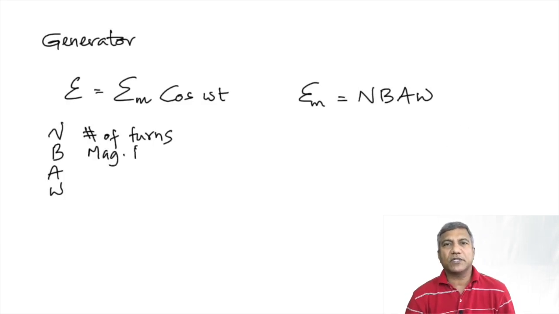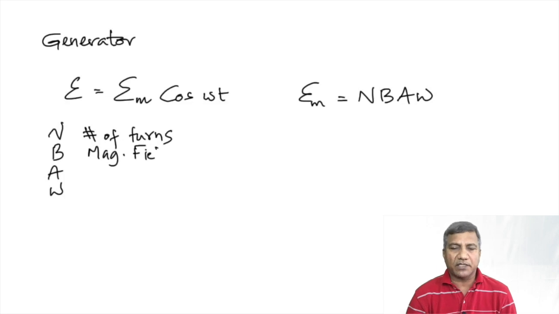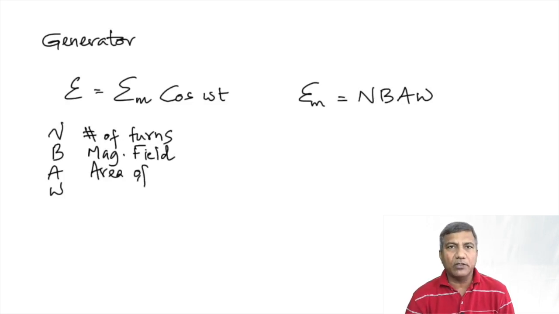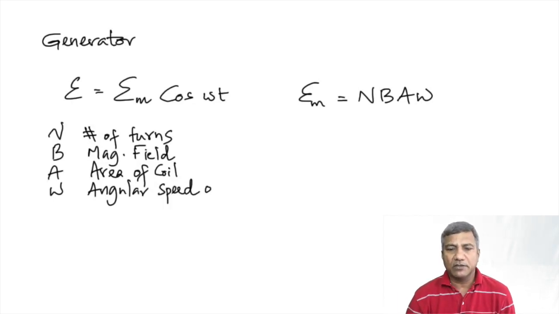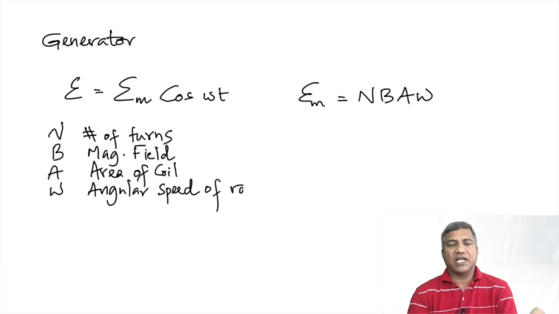N is the number of turns, we know. B is the magnetic field strength in Tesla. A is the area of the coil, which may be pi r squared, remember that, in meter squared. And omega is the angular speed at which you rotate it in radians per second. So that's the idea for a generator.